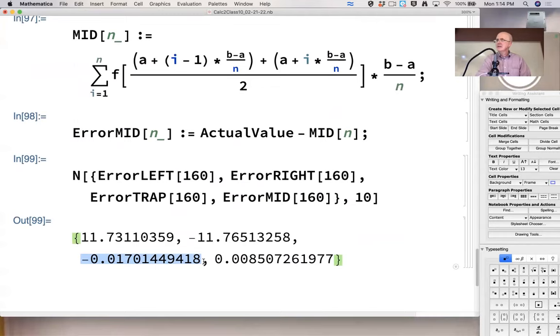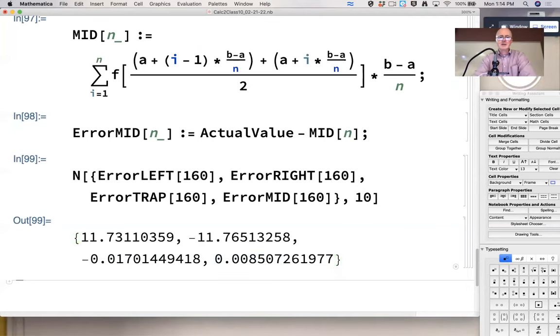In fact, it's about twice as close to 0 in absolute value, right? Half of 17 is 8.5. We've got negative 0.017 for the trapezoid, and this is positive 0.0085. It does about twice as good as the trapezoid rule does.